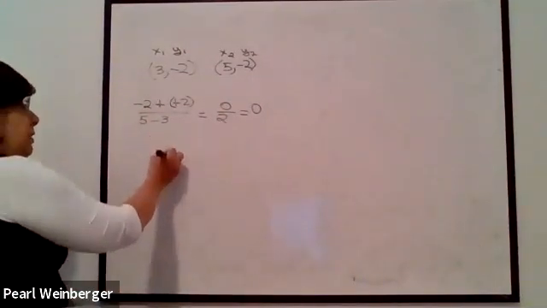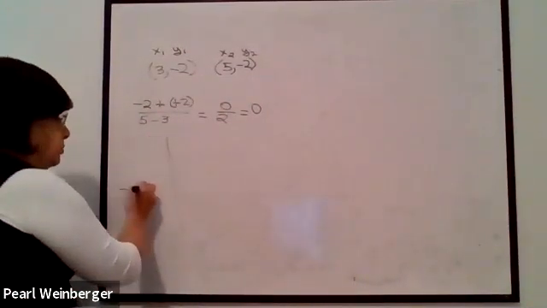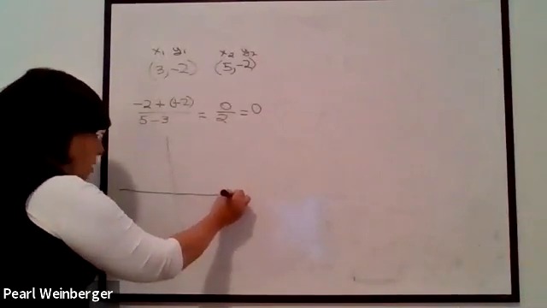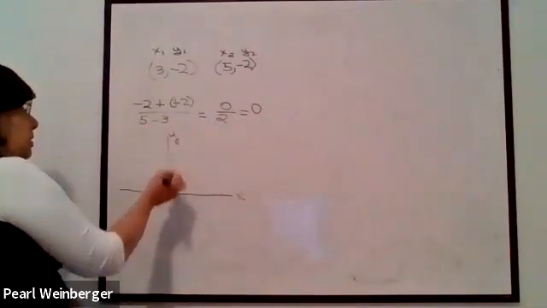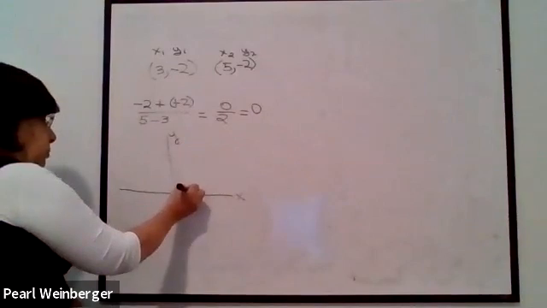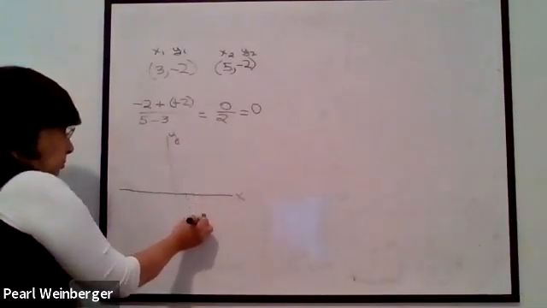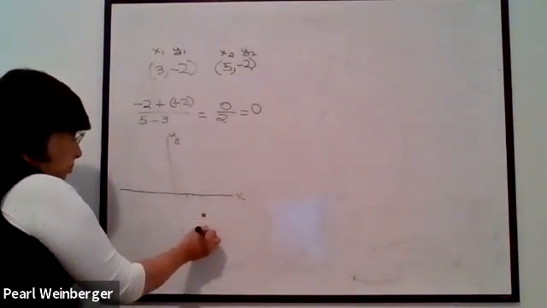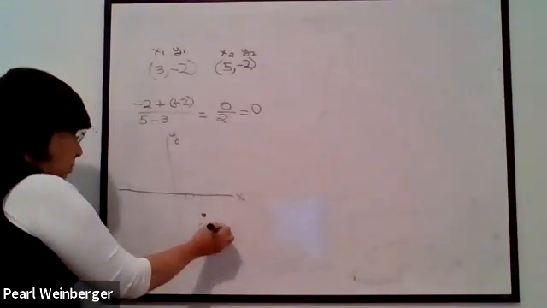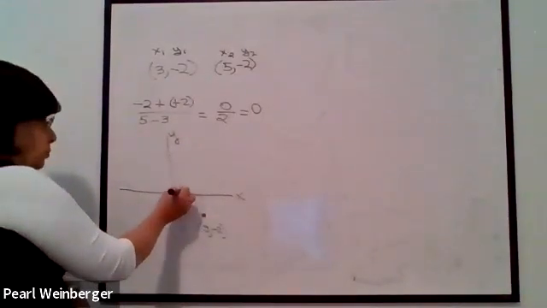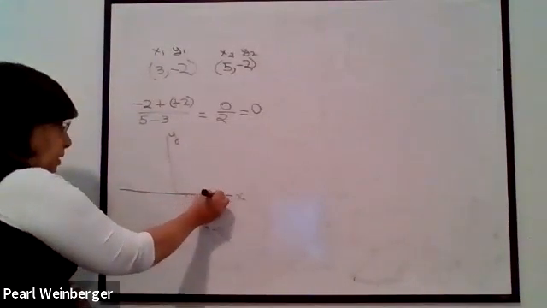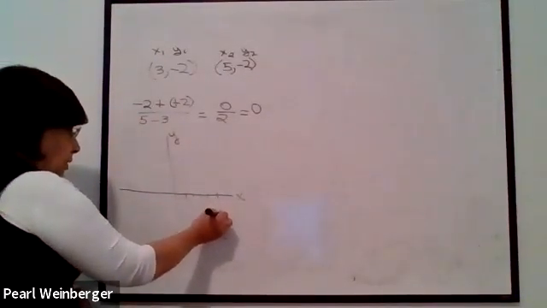Let's look at what this line looks like, this line that has a slope of 0. Here's 3, -2. 1, 2, 3, 1, 2. Here's 5, -2. 1, 2, 3, 4, 5, -2 right here.